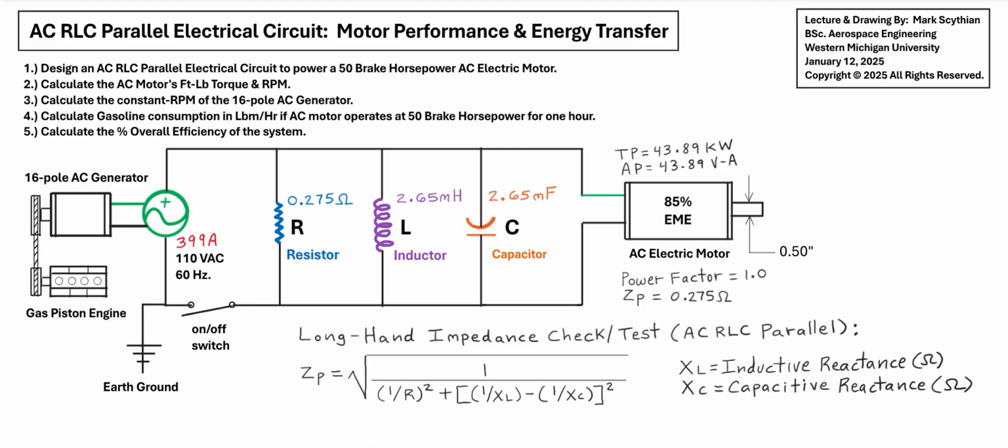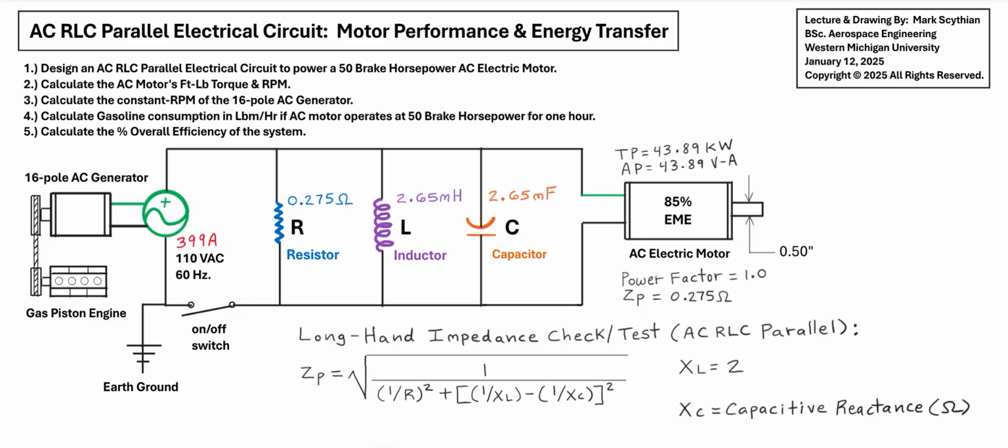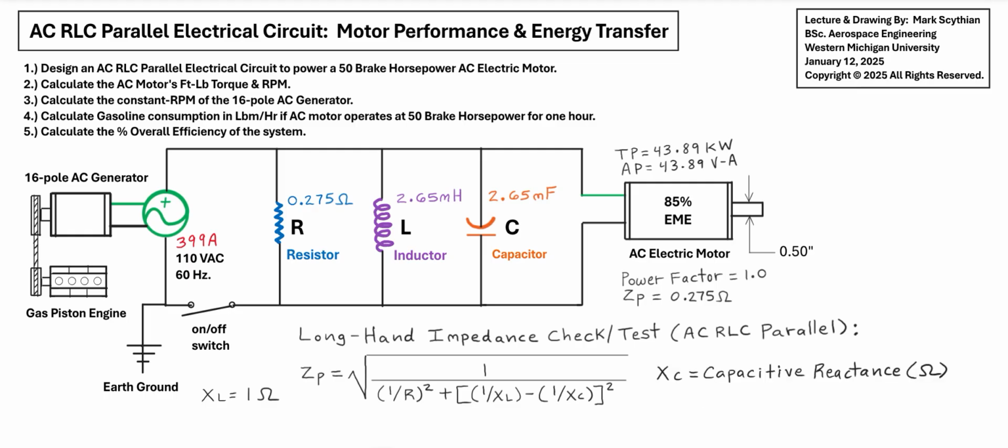These values should be 1 ohm each, but just to verify the calculation, we can find the equation for the inductive reactance, 2 pi times frequency times Henry's inductance, and substitute these known values and make the calculation, and upon doing so we calculate 1 ohm of inductive reactance.